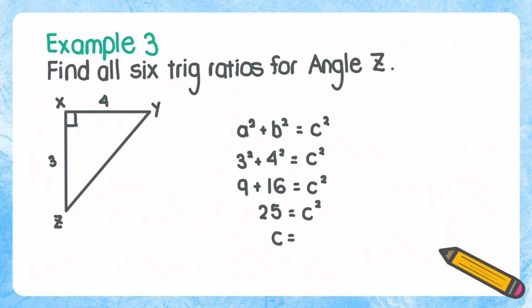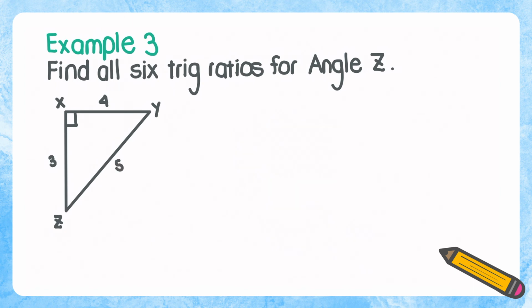Take the square root of both sides. C is radical 25, which is just 5. So the hypotenuse length is 5. And please let me know if you have any questions on how we found that missing side.